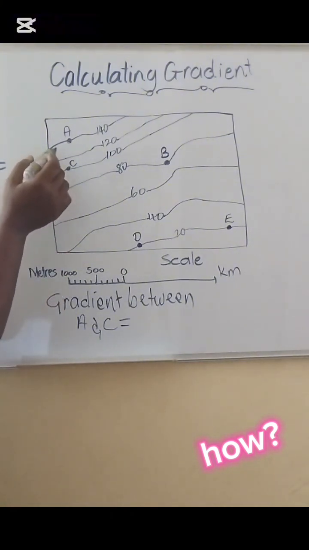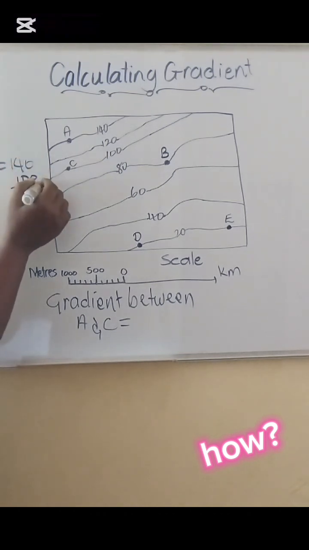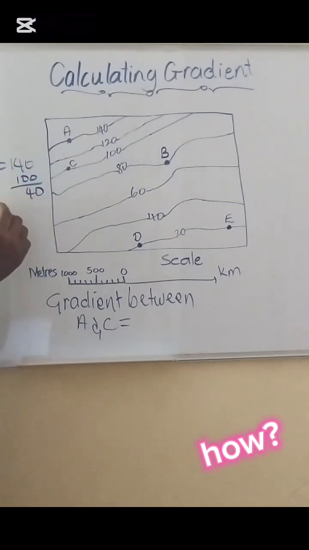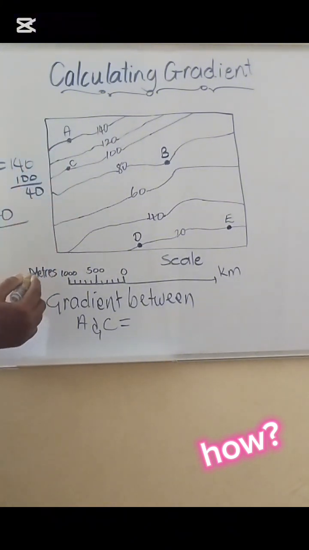That would be 100 from 140. We're left with 40, right? So it would be 40 over, how do we get the horizontal distance now? So the horizontal distance, you know, marking off both points on the map, use a straight edge.